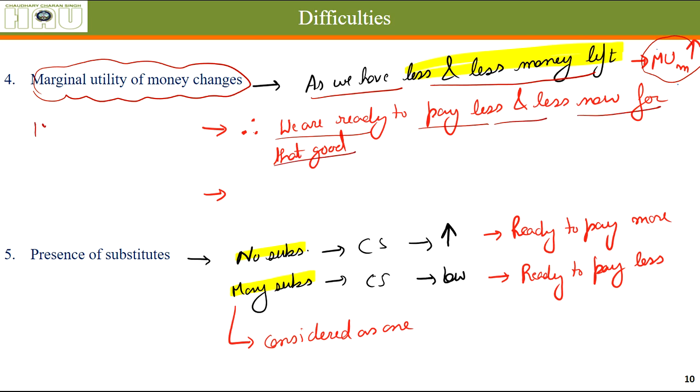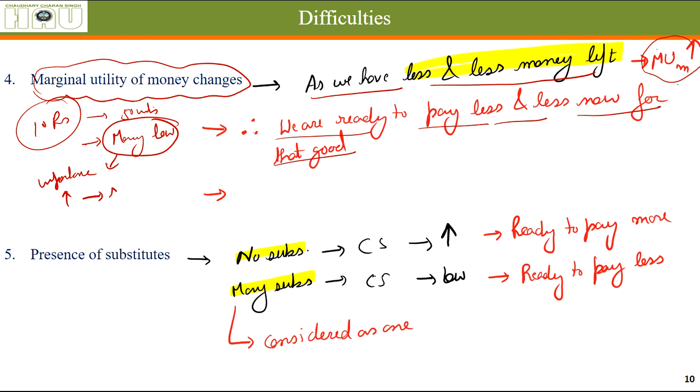Earlier we might be purchasing the good at rupees 10. Now when we have purchased a good quantity, let's say 50 units, the money with us has reduced to very low amounts. So the marginal utility of this very low amount of money has increased, its importance has increased, so we will be spending this money more judiciously.